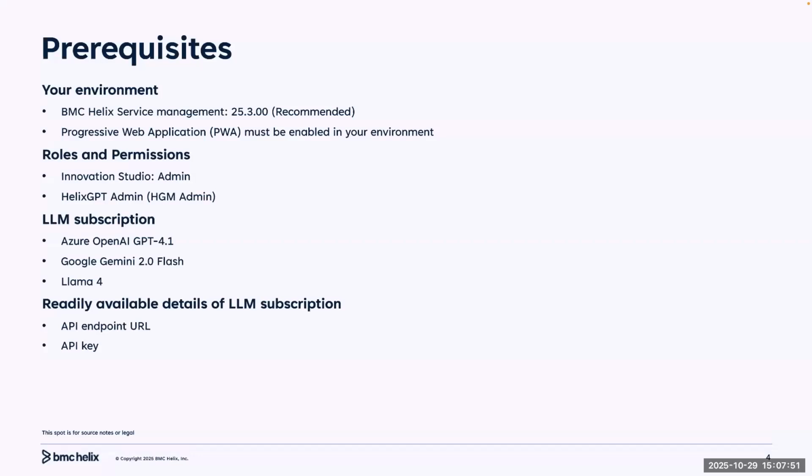I will be using Azure OpenAI GPT 4.1. If you want to use Google or Meta, that's fine too. But it's crucial that you have the API endpoint URL and the API key for the large language model of your choice. And with this, we should be ready to go.